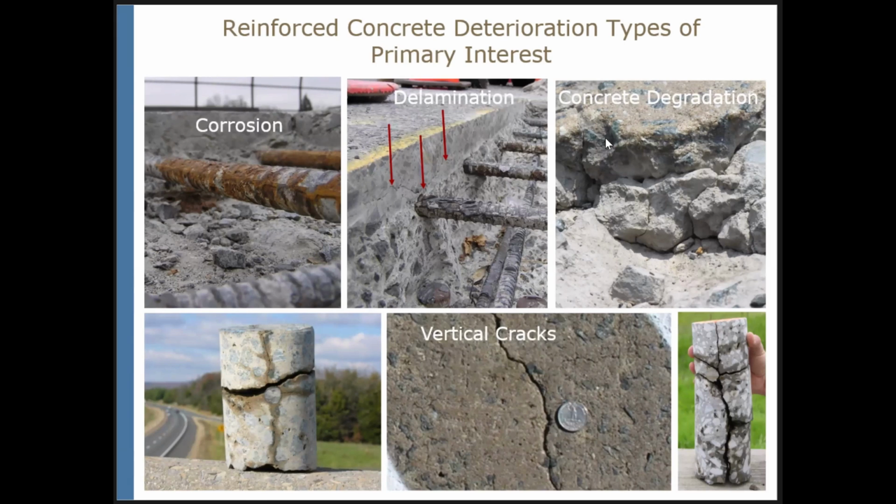Delamination, if you're not familiar, are very fine cracks which typically span between rebars, so those are pretty much horizontal cracks. We are interested in concrete degradation. And what we typically see from visual inspection are surface-breaking cracks, or vertical cracks, what you see at the bottom.